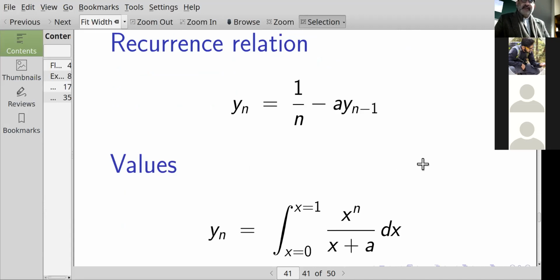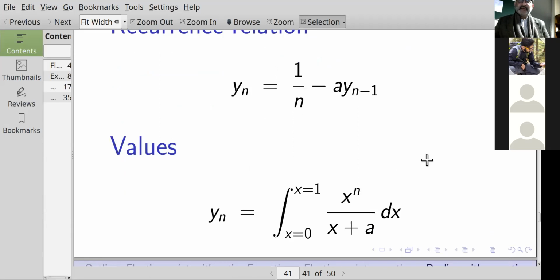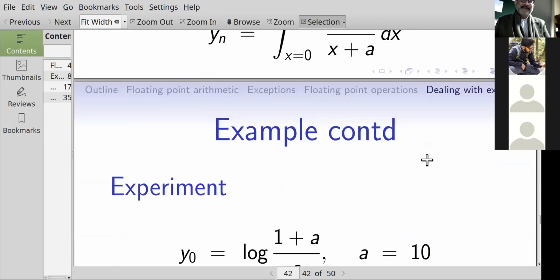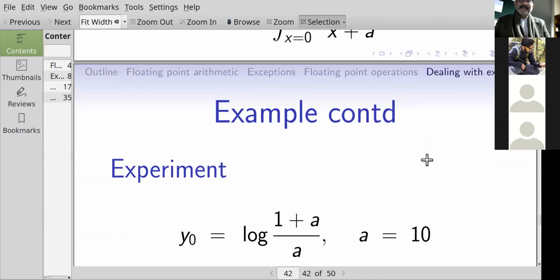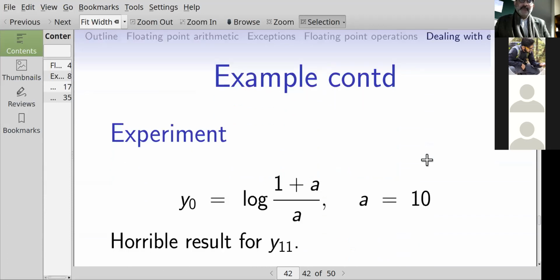And it turns out that your yns are equal to the integral from x equals 0 to 1 of x to the n over x plus a. Okay. All right. So let's try an experiment. We'll let the first number be y0 equals log of 1 plus a over a, and a is equal to 10.